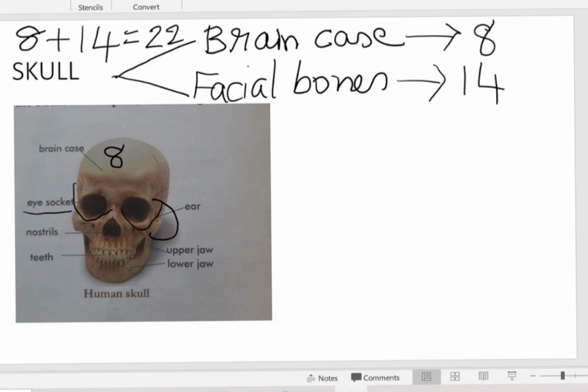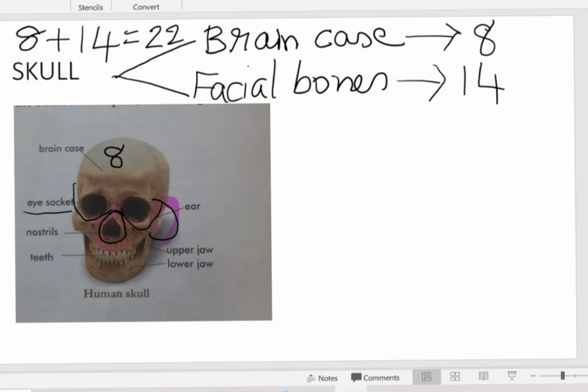The upper part consists of the space giving the holes for nostrils. You can see the nostrils. The space is also given for ears. So the upper jaw consists of the space for nostrils, that is your nose, and ears.